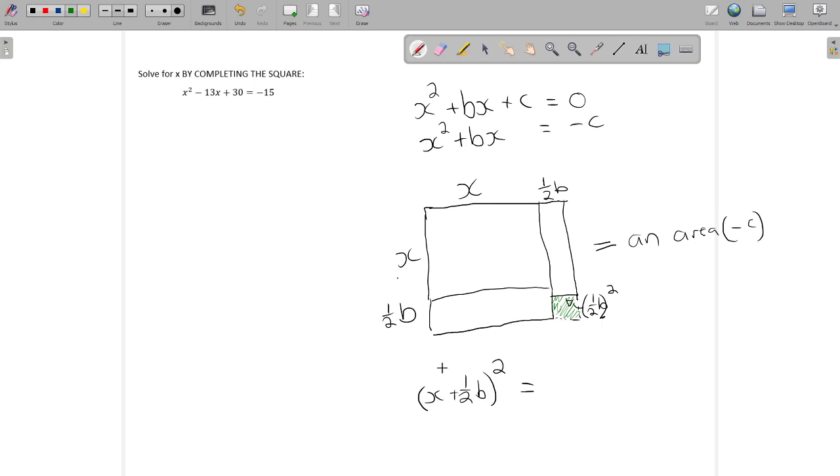So, if I square this whole thing, that squared, we'll get an area plus a little bit.